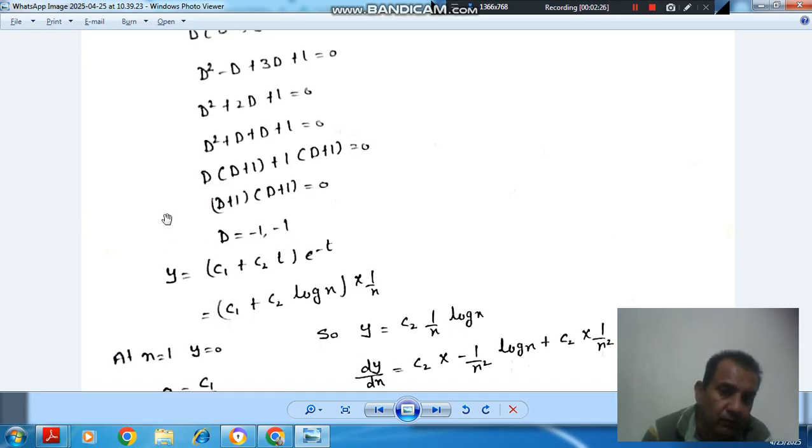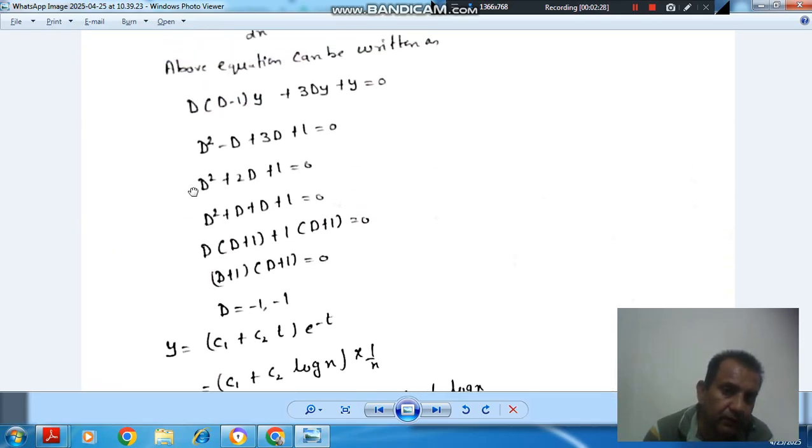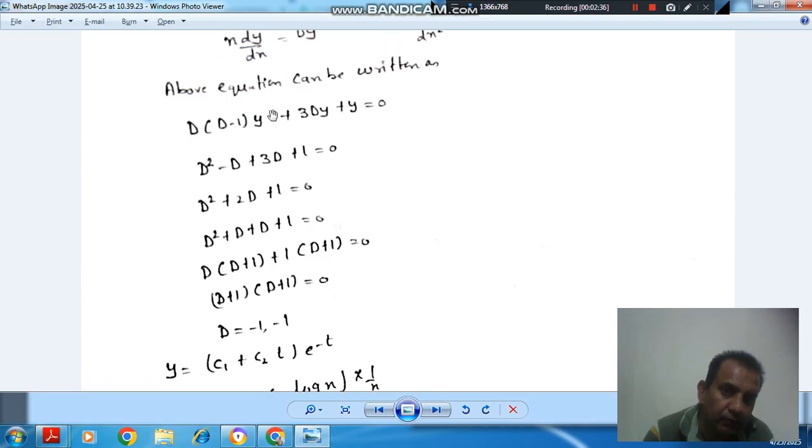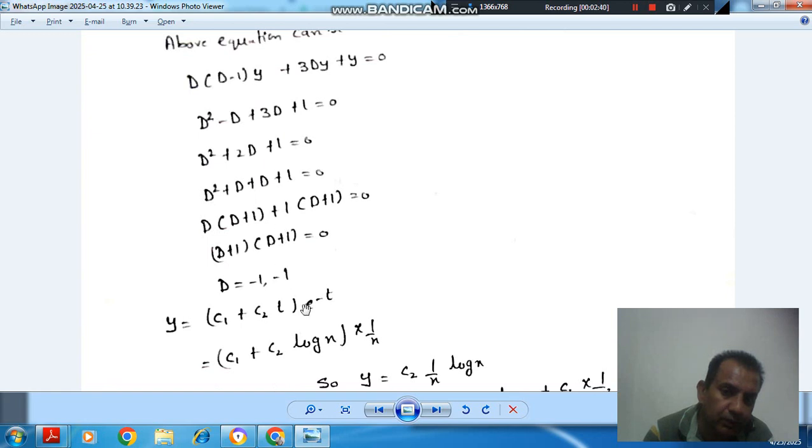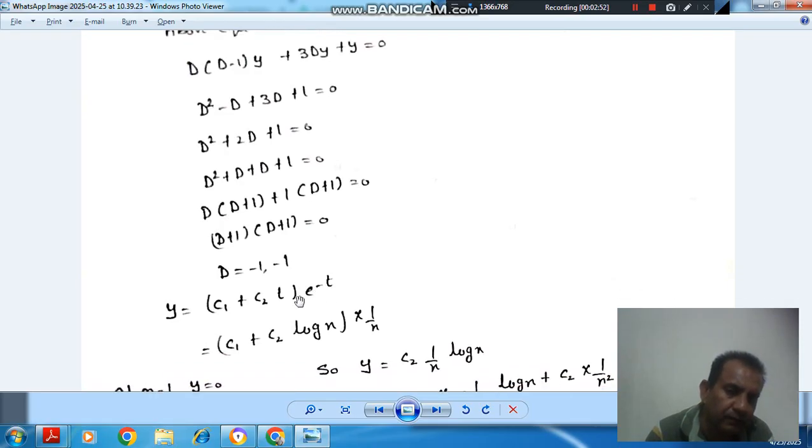Now the solution of this type of equation is y is equal to c1 plus c2 t, multiplied by e raised to the power of the root, that is minus 1 into t, as m1 and m2 are the same.